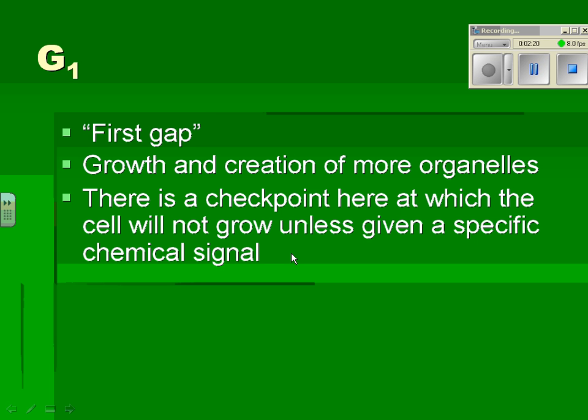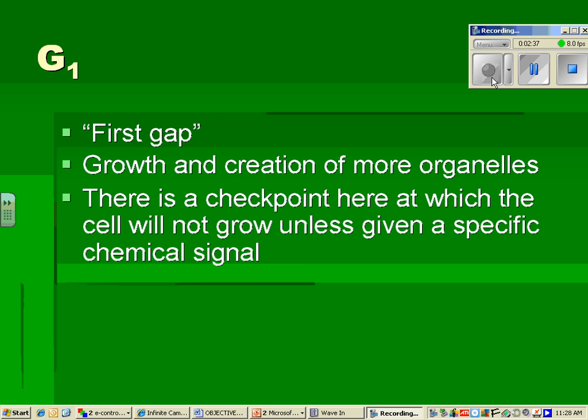As the cell is growing, it gets to a certain point where it's either going to stop growing, or it gets a chemical signal and it keeps growing. A checkpoint means the cell is growing, it's making more organelles, and then it's going to stop. And it will stay at the same size and do what it does unless it's told to divide.